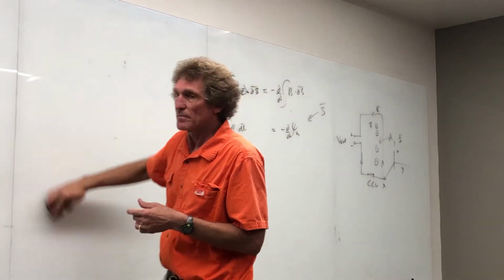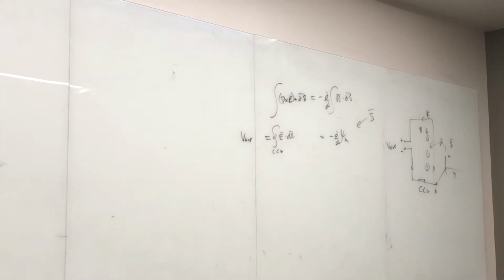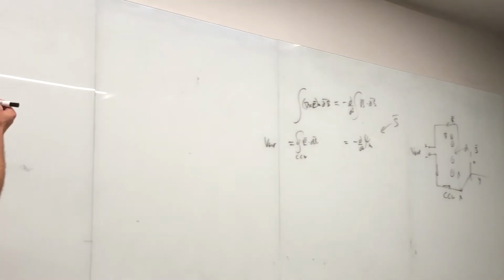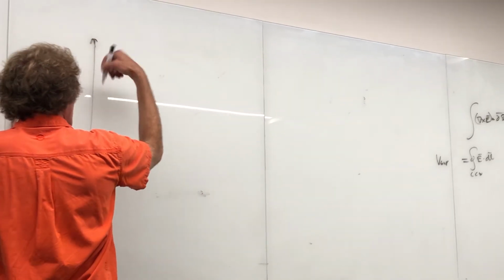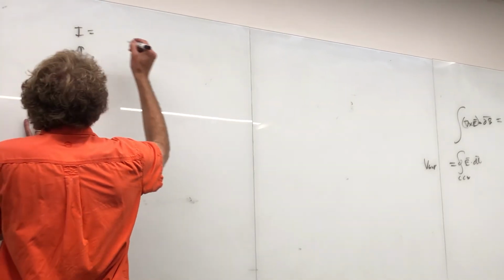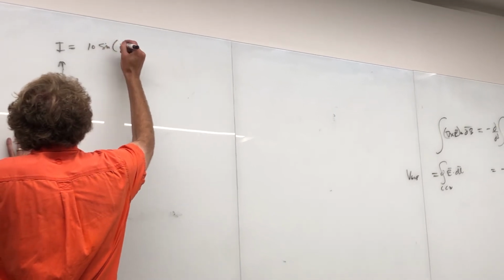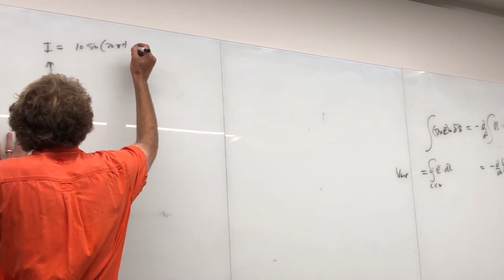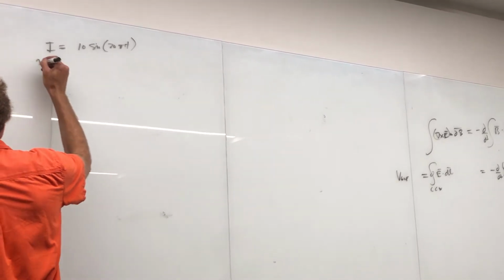So here's a problem, and it's a good one. I'm going to go back to one I always use. I'm going to say I have an infinite current wire, and I is equal to, say, 10 times the sine of 20 pi t, and that's the current in this direction, on the z-axis.